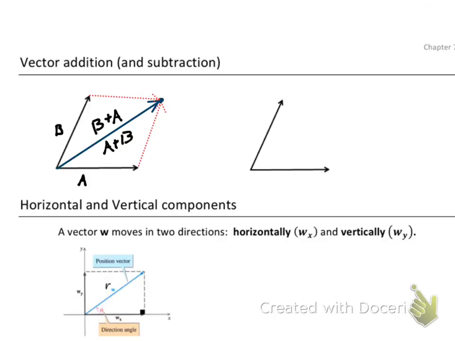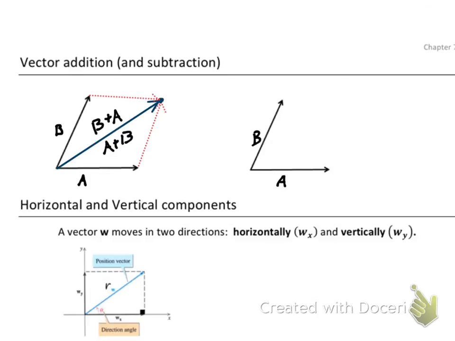We have to be careful of what we do with subtraction. So with subtraction, I'm going to call this guy A and this guy B again. I'm going to do B minus A. So B minus A tells me to travel up B and subtract A from it. Remember, if I have a negative vector, it goes in the opposite direction. So if A goes this direction, negative A is going to go in that direction.